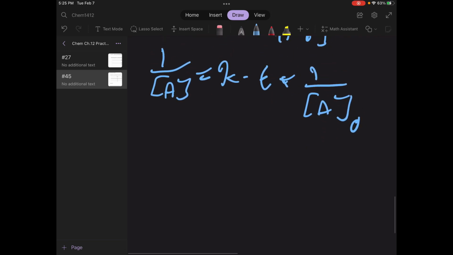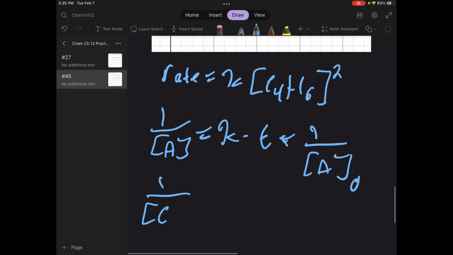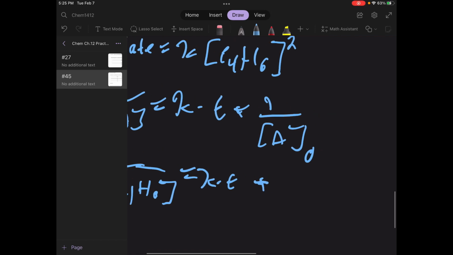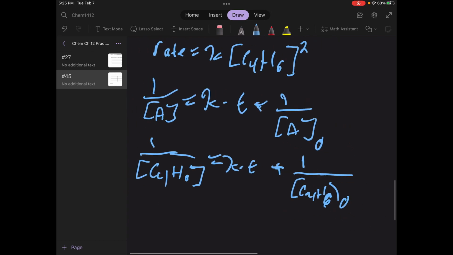Just by plugging in our values, we get 1 over C4H6 equals k times time plus 1 over C4H6 initial. So this is the form of our integrated rate law.